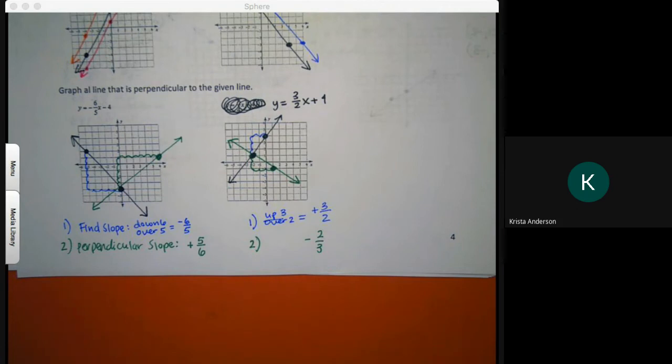You see why parallel's easy compared to the perpendicular ones? The perpendicular ones are a little weird at first. Are there any questions on perpendicular lines? No?